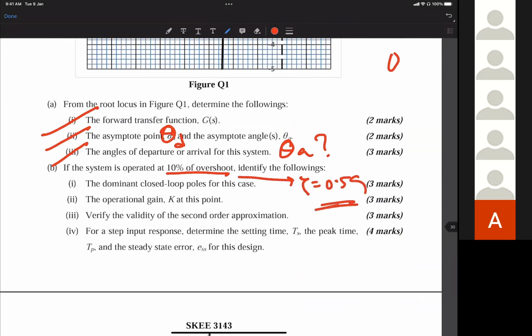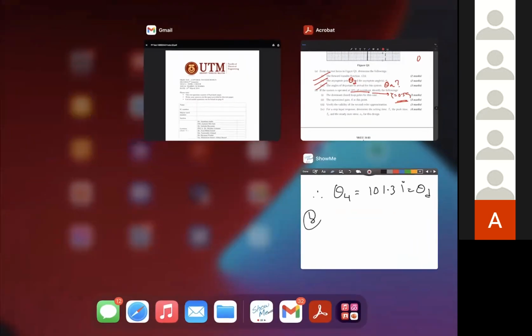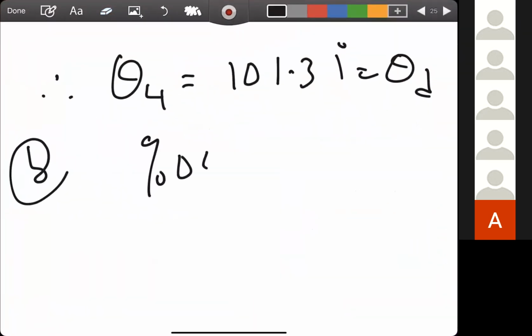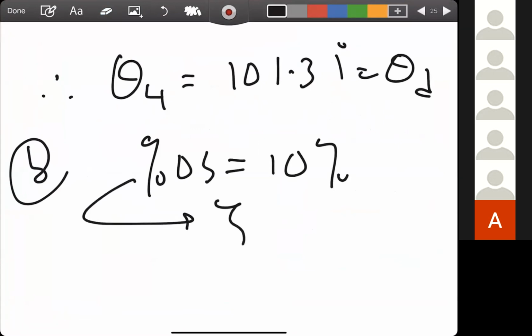Okay, use the formula. So overshoot 10% will give you zeta 0.59.